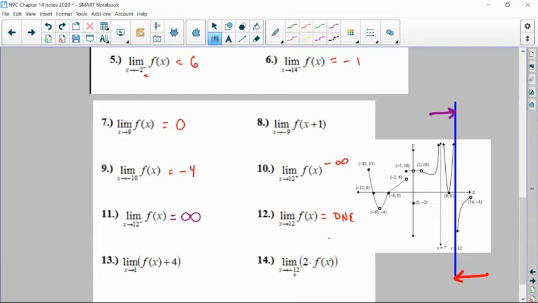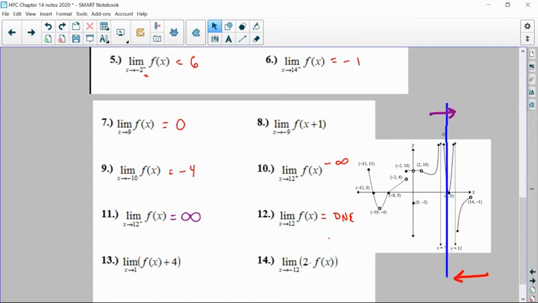Or in this case, whatever the behavior is at -12, you get a result, then you're going to multiply by 2. So those are actually easier because these affect the y value after you've done the limit.